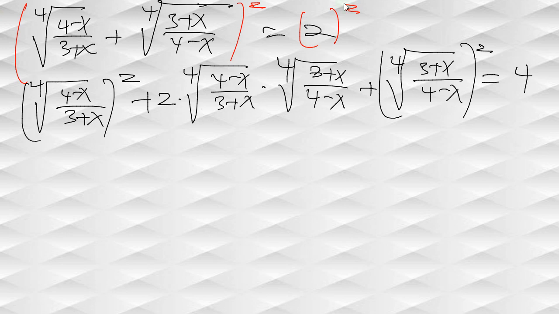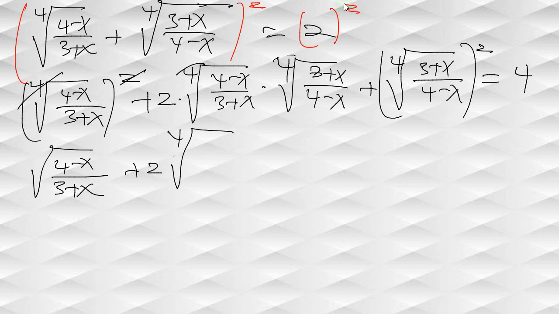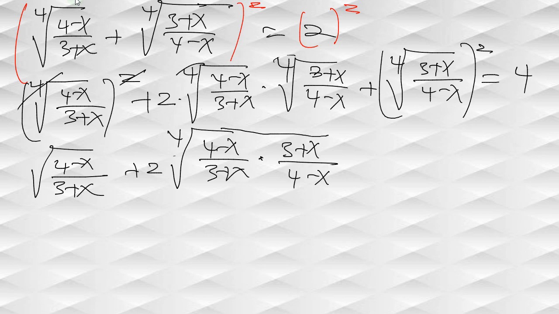Now we can simplify the index, so we're gonna have only the square root of 4 minus x over 3 plus x, and then plus 2 times the 4th root of 4 minus x over 3 plus x times 3 plus x over 4 minus x, and then plus the square root of 3 plus x divided by 4 minus x, and this equals 4.